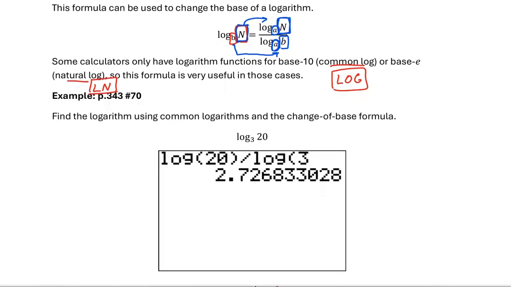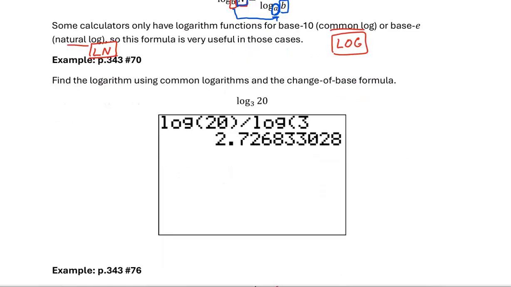So as you see what I did here, to use the change of base, if I don't have the new operating system and all I have access to on my calculator is common log or natural log, no problem. It said to use common logs on this problem, so just the basic log button.